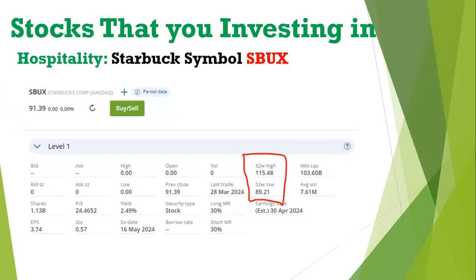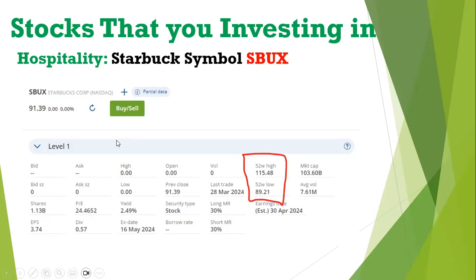So Starbucks is a coffee house and it's mostly traded on the NASDAQ platform, so it's traded in US dollars. To avoid losing money on exchange, you can be careful and see when the US dollar has gone down and take advantage to buy more US dollars, and then come back and invest in Starbucks.